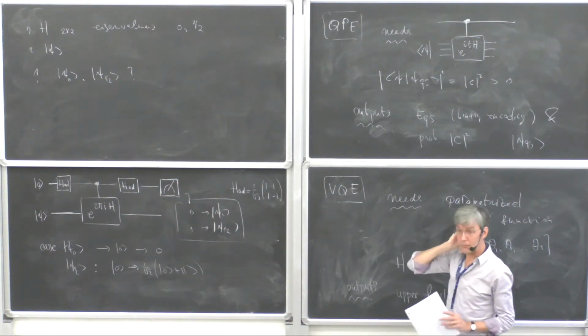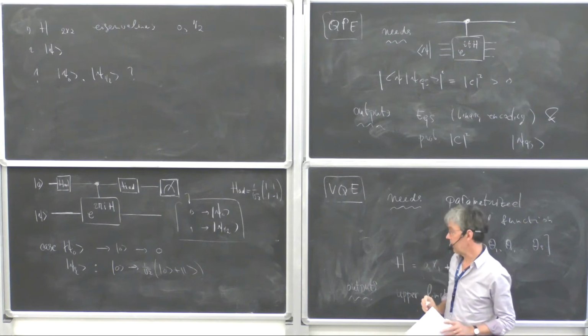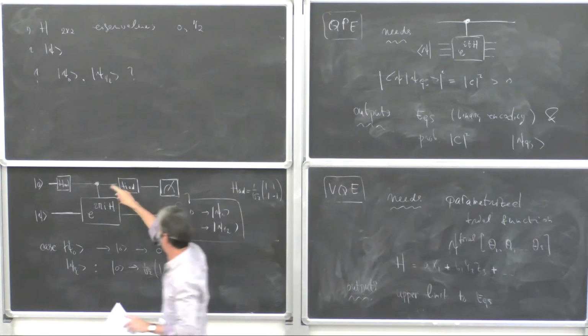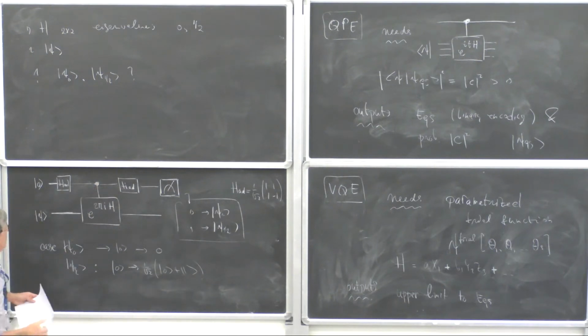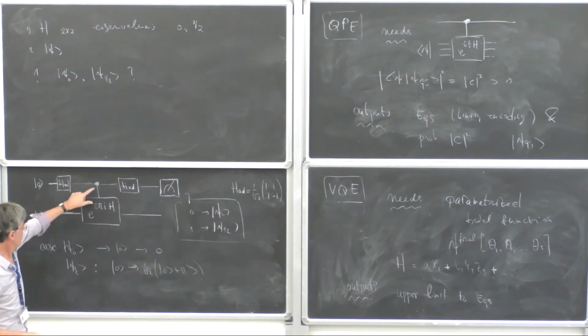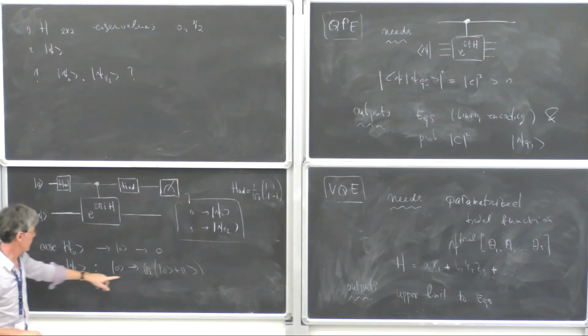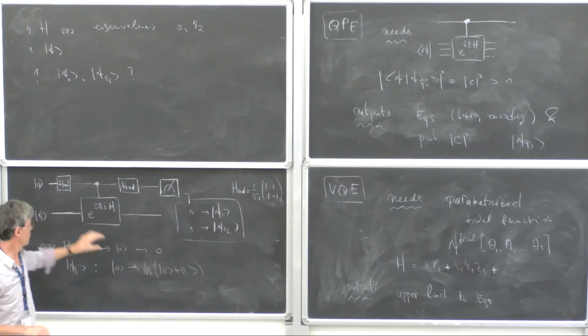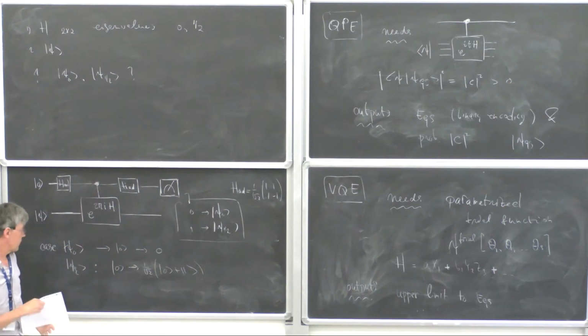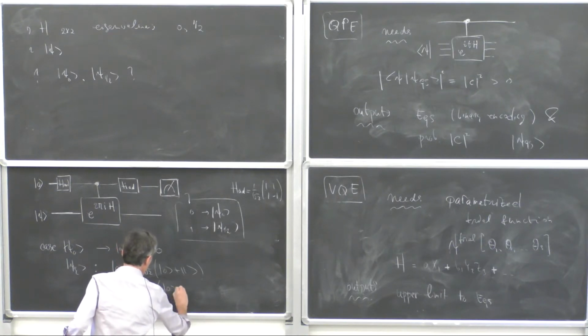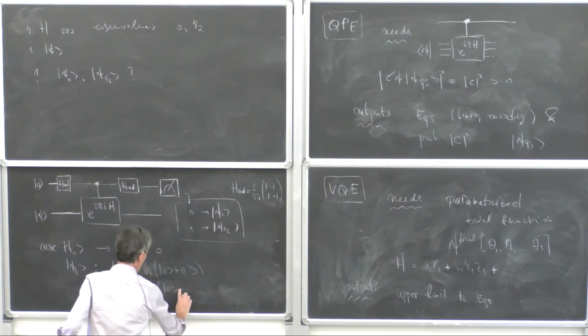And now comes the subtle thing. So here is where it happens. I have a control action on the second qubit depending on what state my first qubit is in. So if the first qubit is in state 0, nothing happens. This control is not on. So that first situation, the 1 over root 2 times 0, that remains no matter what.